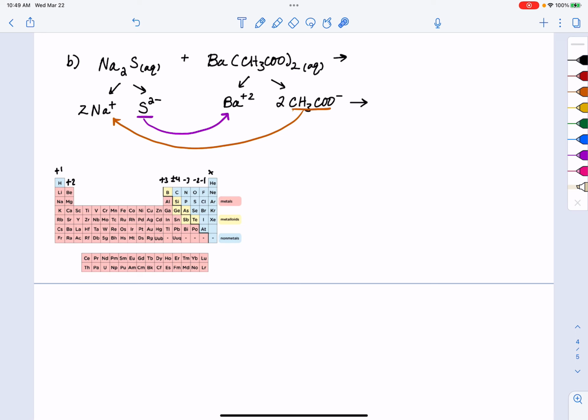So let's start with our barium and sulfide. Barium has a +2 charge, sulfide ion has a -2 charge, so this ratio is going to be 1:1. So I create BaS.